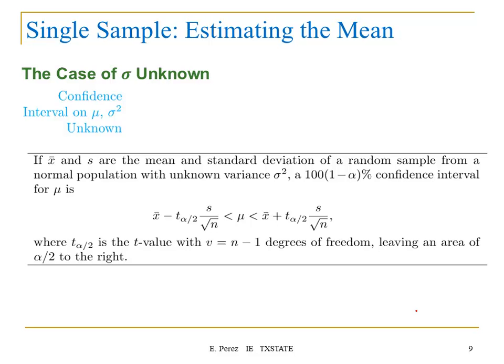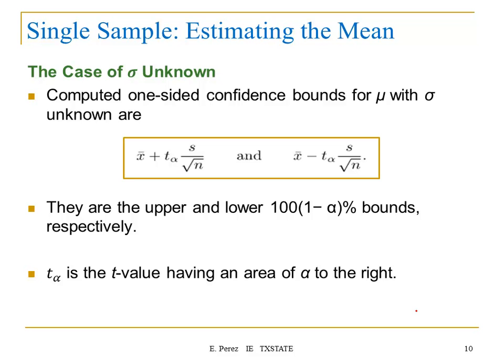Remember, for the t distribution, we have to deal with the degrees of freedom. So you need to take into account the sample size in computing the degrees of freedom. The degrees of freedom are the sample size minus 1. In the same way, we can compute the confidence intervals for just one side.